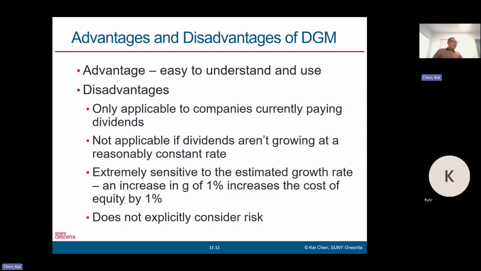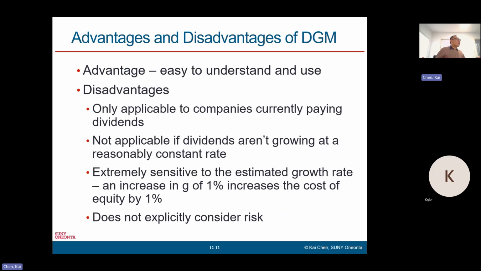And the disadvantage, first of all, this dividend growth model is only applicable to companies currently paying dividends. In the real world, some companies do not pay dividends. For example, Amazon, right? If you look at the historical records of Amazon, you can find that Amazon seldom pays dividends to their shareholders.